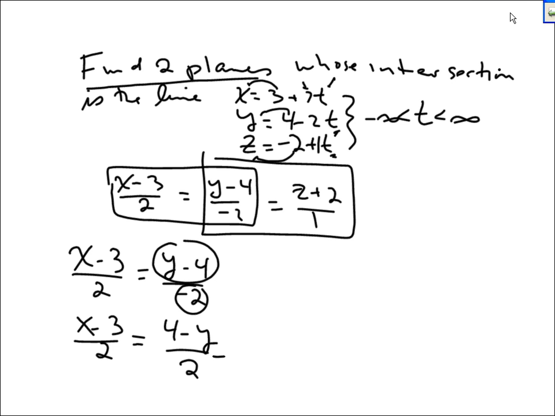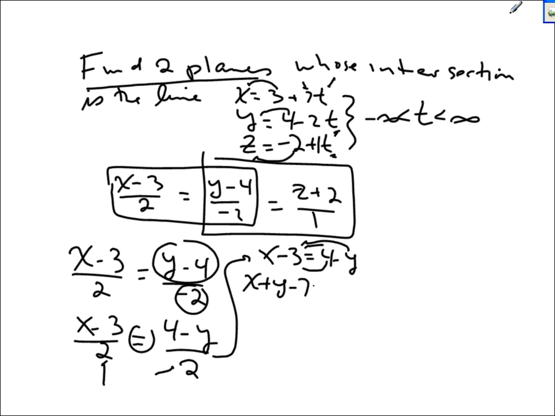Since the 2 fractions are equal with the same denominators, I'm going to bring everything to one side. You get x plus y minus 3 minus 4, minus 7 equals 0. That is the equation of one plane.